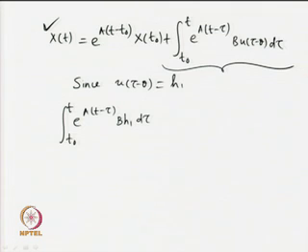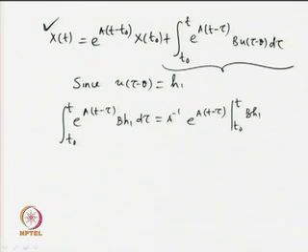which results in the integral part as the integral from t0 to t of e to the power A(t minus tau) B h1 d tau. So, let me find the integral, which comes out in the form of A inverse. Then we will have the integral of e to the power A(t minus tau) with the limits t0 to t, B h1.